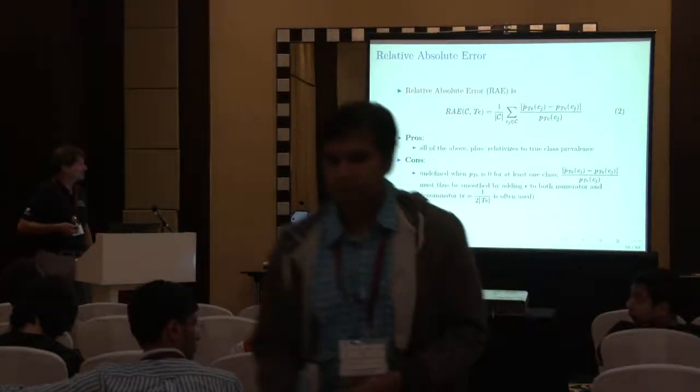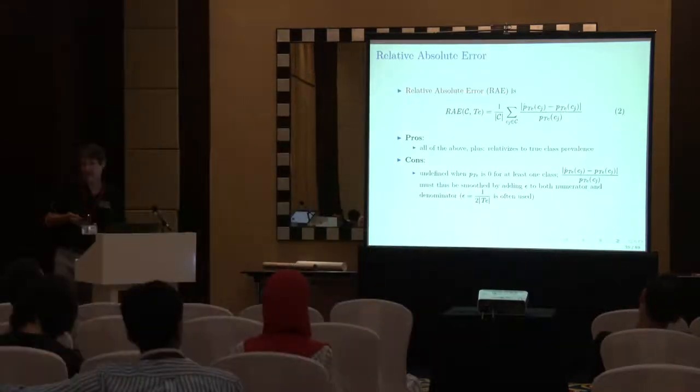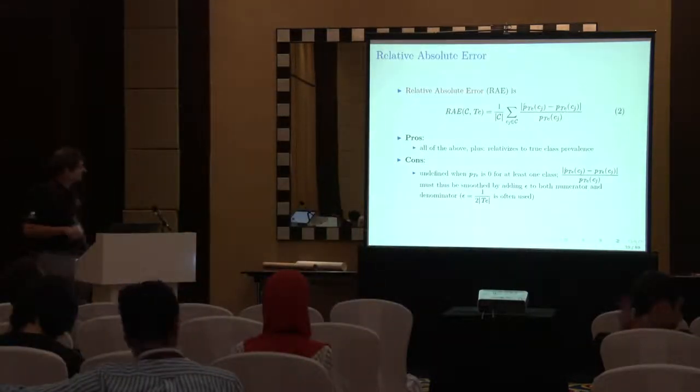Here it's, and also the fact that it's anyway pretty intuitive. Okay. The cons is that this measure is undefined when the gold probability of at least one class is 0, because we have 0 at the denominator.